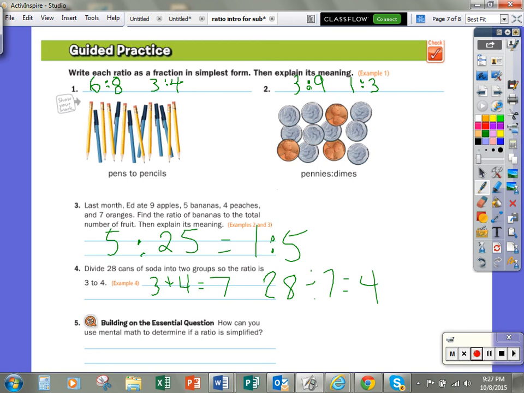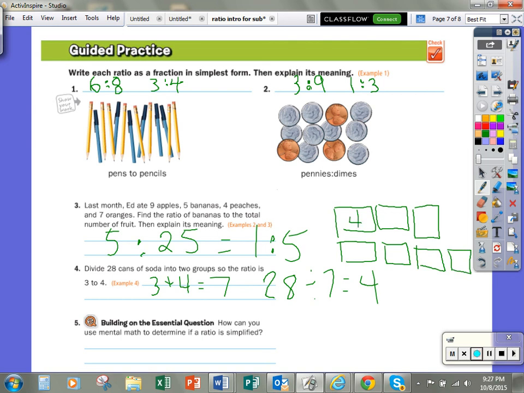So 3 groups of 4 and 4 groups of 4. So this is a total of 12. This is a total of 16, and that equals 28 altogether.